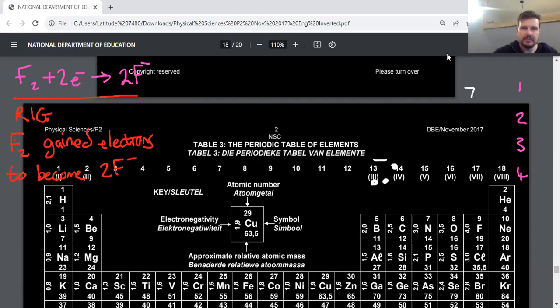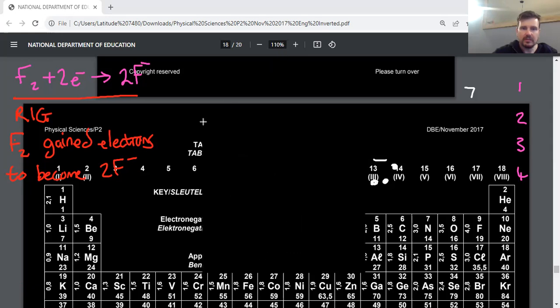And lithium, how many valence electrons does lithium have over there in group 1?